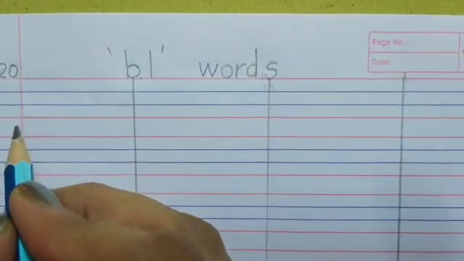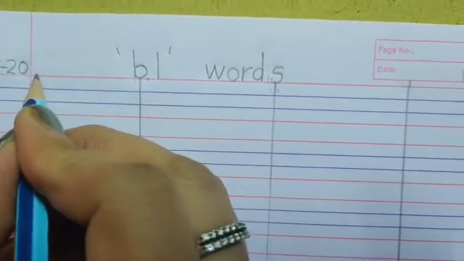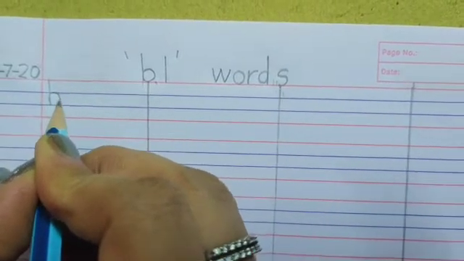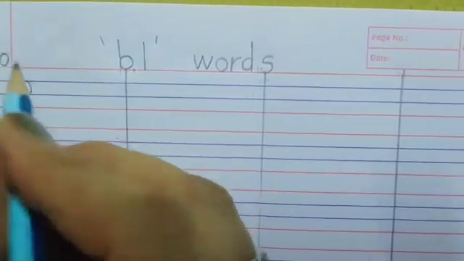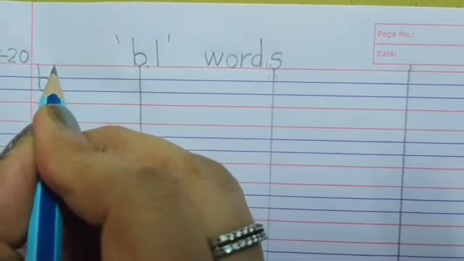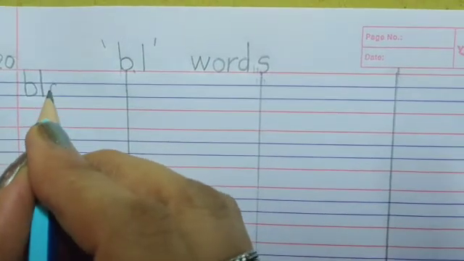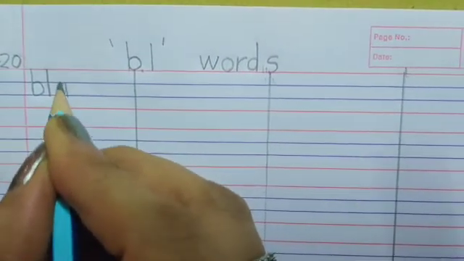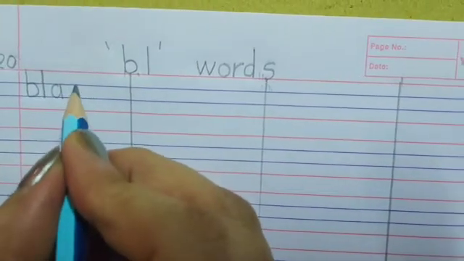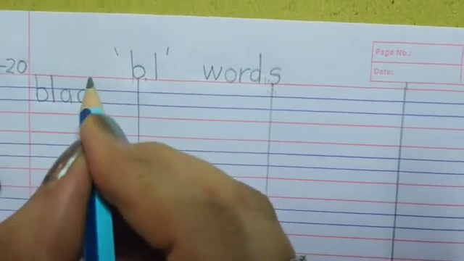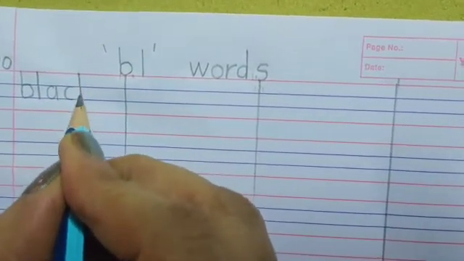The first word, close to the margin, black. Start from the red line, you come down to the blue line, you go up and curve blue line to blue line, B. From the red line, you come down to the blue line, L. Curve around, up and down, blue line to blue line, A. Curve, blue line to blue line, C. From the red line, you come down to the blue line.